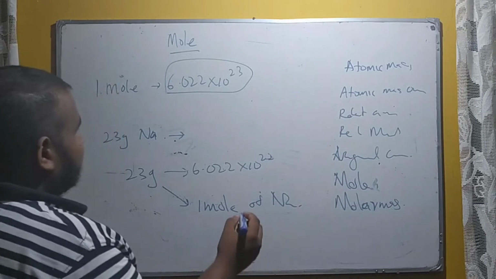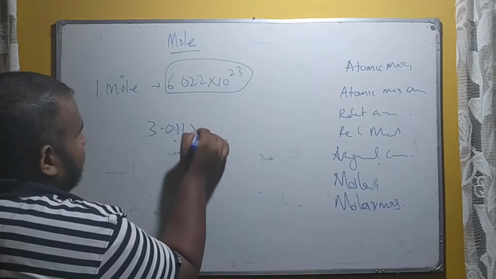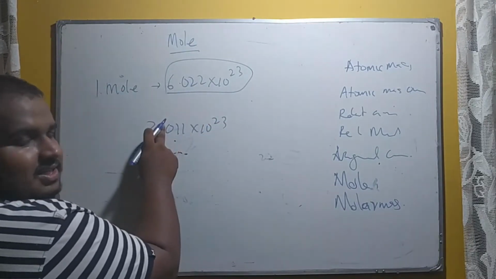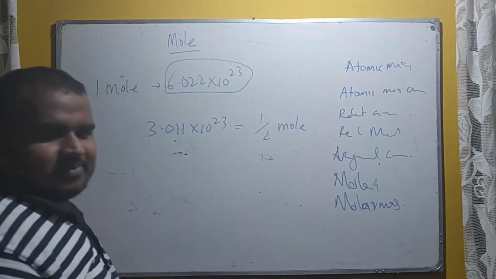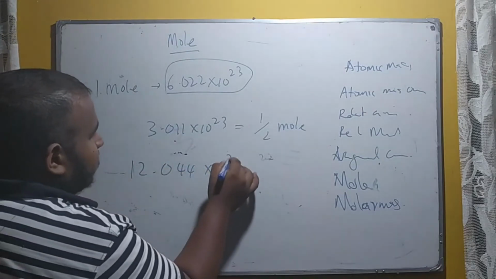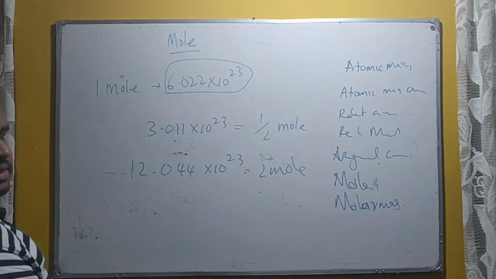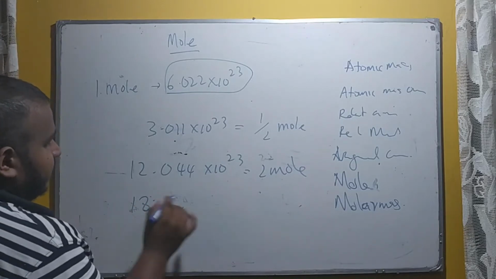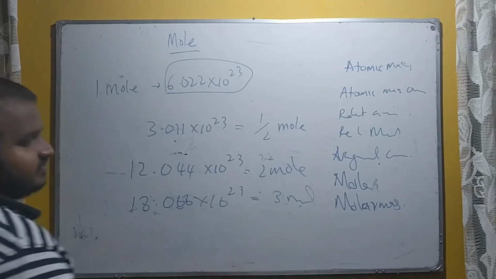So the same way, if it is 3.011 into 10 to the power of 23, that is exactly half of it. Therefore this is half mole. Let's say 12.044 in 10 to the power of 23, that is 2 moles. If it is 18.066 in 10 to the power of 23, 3 moles.